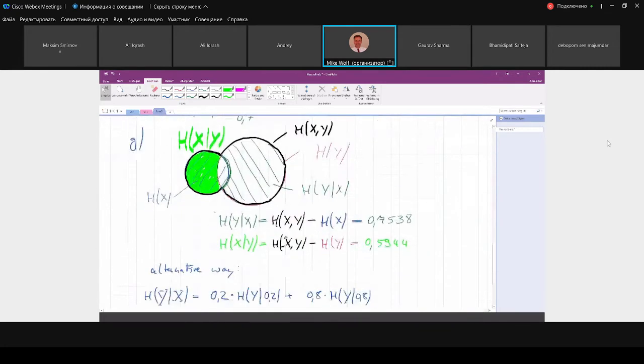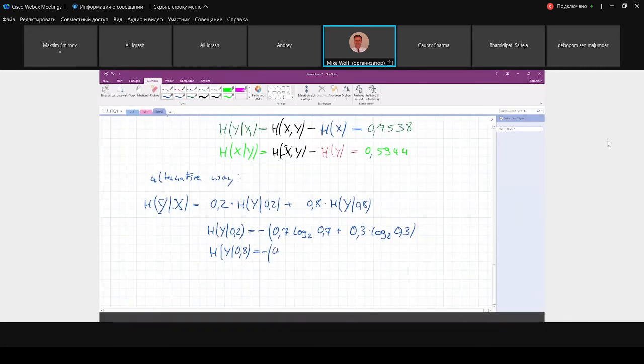And we write this 0.2 times log 2. Of course, you can calculate these values, insert them, and then you get the same result that's written here.